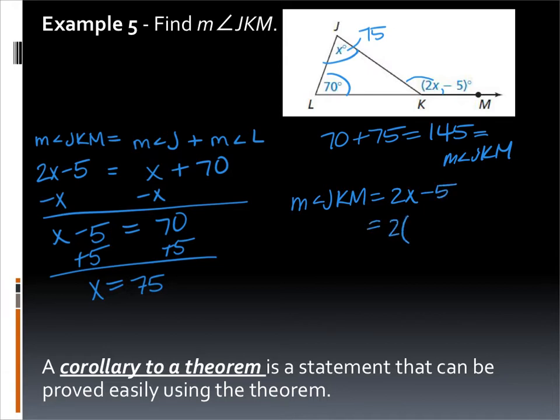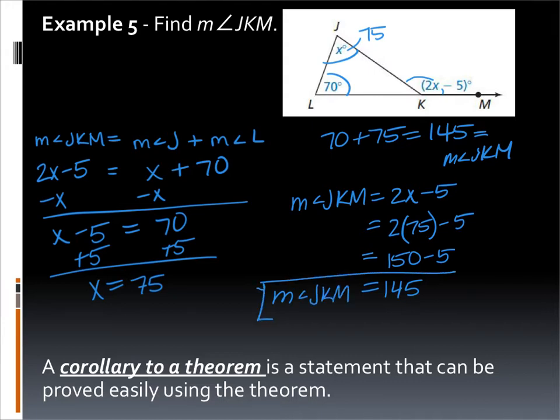So I could do 2 times 75 minus 5. 2 times 75 would be 150, and 150 minus 5 would be 145. So the measure of angle JKM is 145. So I did it 2 different ways and got the same answer.